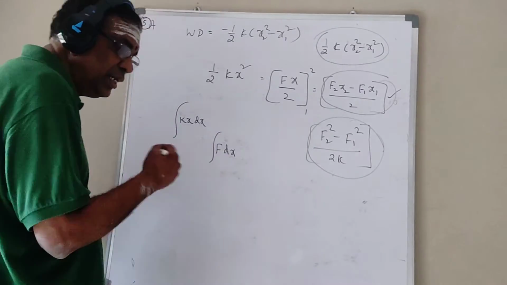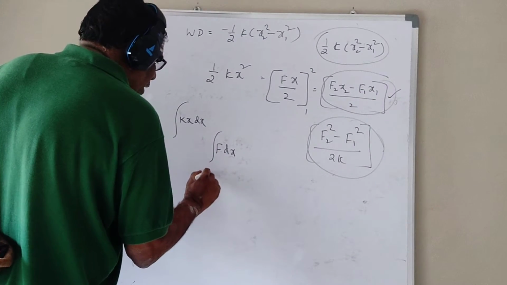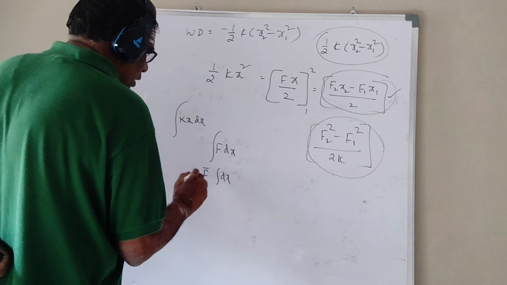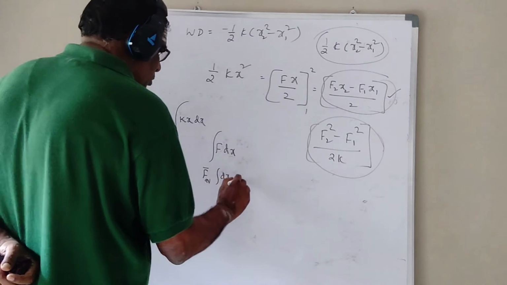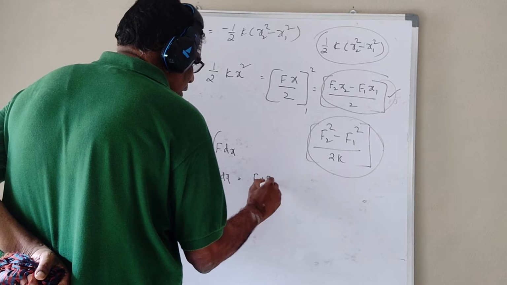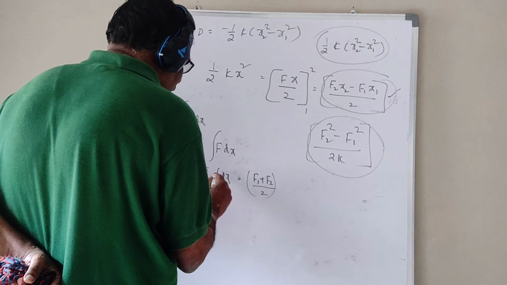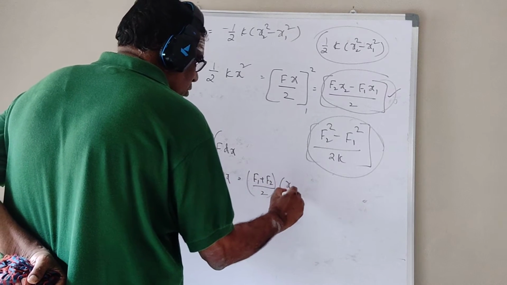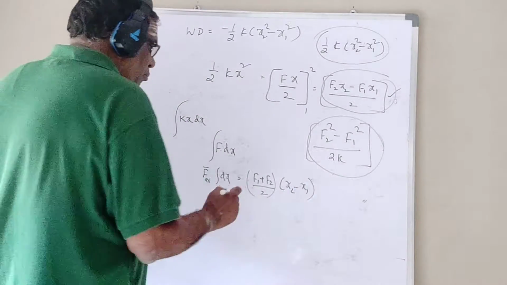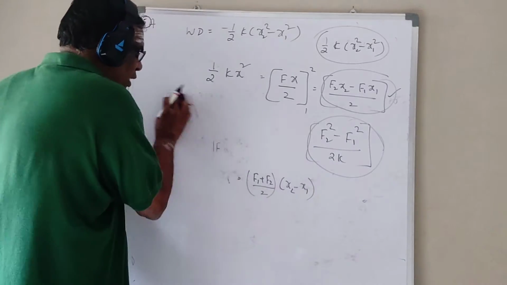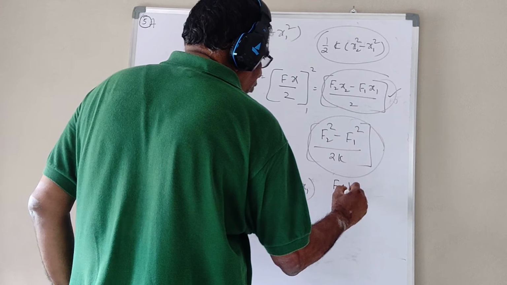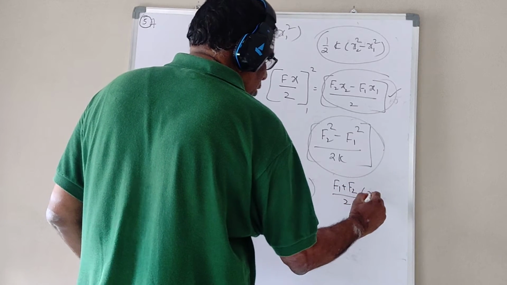If f is linear, I can take average f outside and integral dx, or I write average. So you have f1 plus f2 by 2 as the average and integral dx is x, so you have x2 minus x1. This is another form of your potential energy or work done: f1 plus f2 by 2.